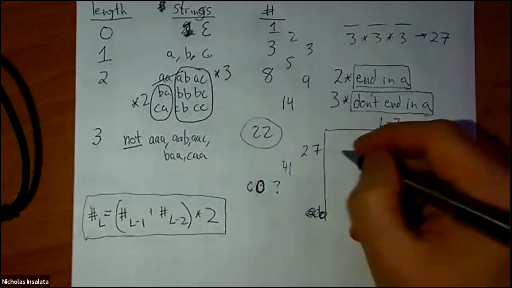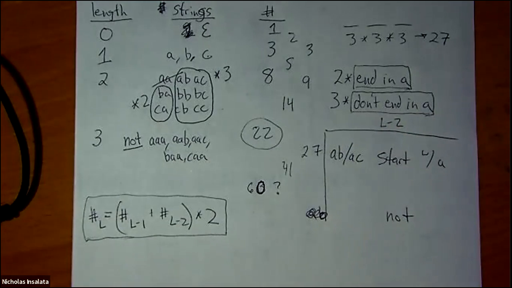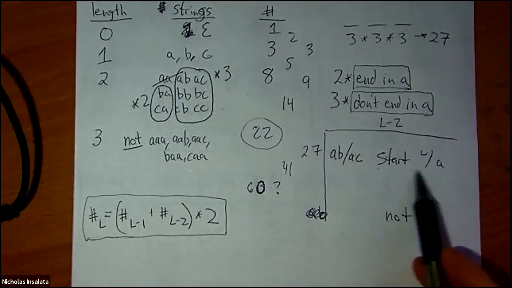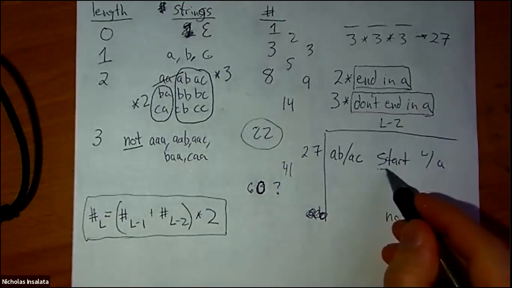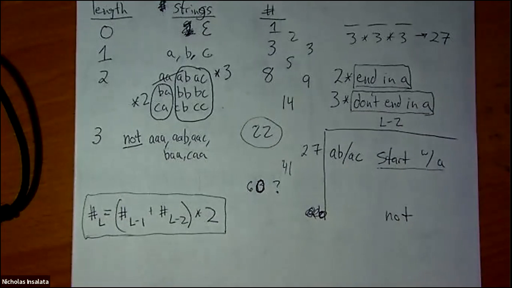AB or AC. Okay. And if we're talking about it starting with A for a string of some particular length, and we know that it starts with AB or AC, how many different strings of that are there going to be?